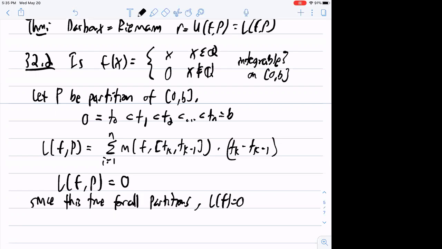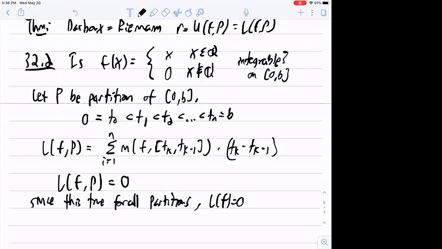From t_{k-1} to t_k, if we're taking the sup, the biggest one is t_k. If t_k was rational, then it's just the value t_k. If t_k was irrational, there's a sequence of rationals going to t_k, so your sup is still t_k. So we sort of expect this not to be integrable, right?